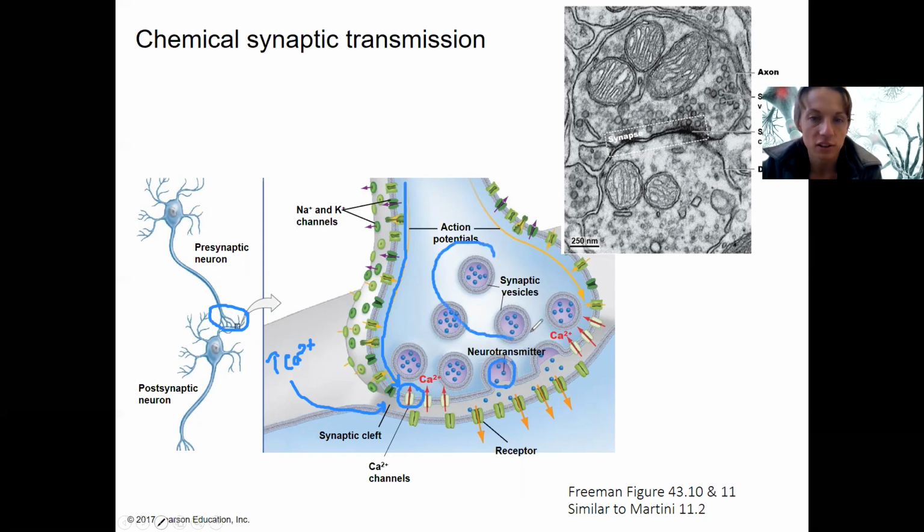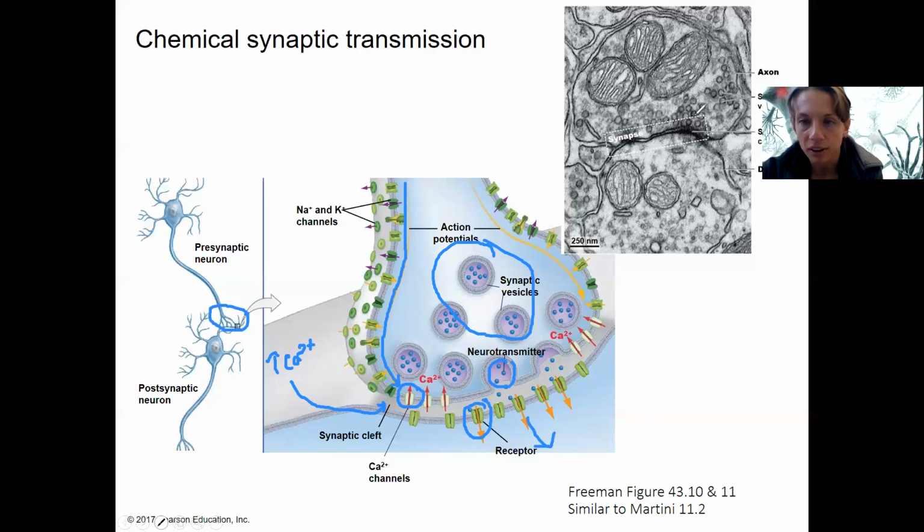So these vesicles are hanging out here, but they're membrane bound, and they're waiting for the signal and then are released via exocytosis. This is going to cause neurotransmitter to bind to a ligand or chemically gated ion channel on the other cell and then cause something to happen over here. We'll get back to that.